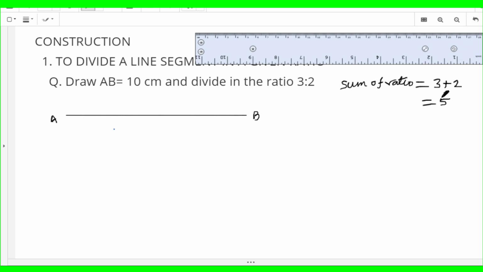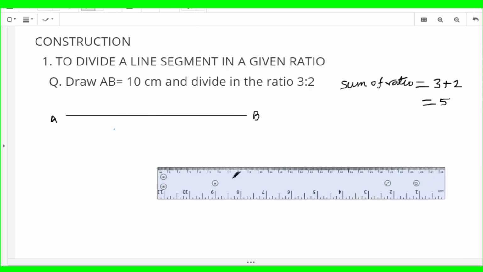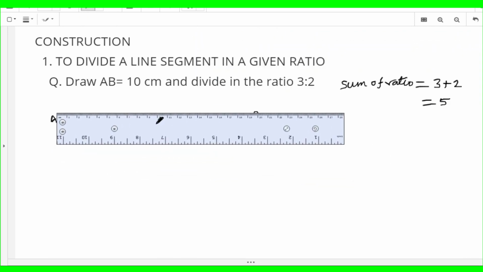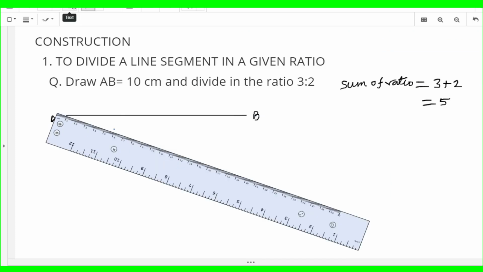Thereafter we have to draw one line from A in this direction, AX. So draw the line AX using the ruler again. Put your ruler at the point A and then draw a line from here, AX.